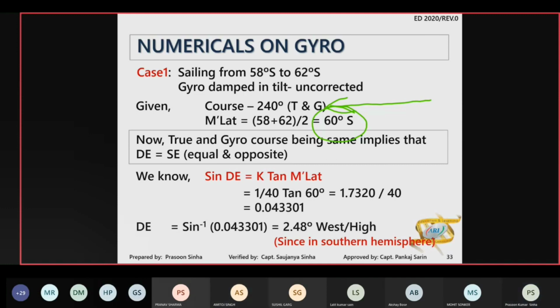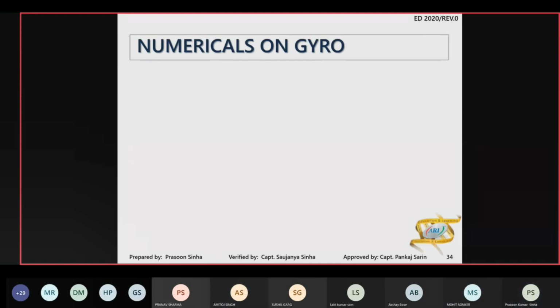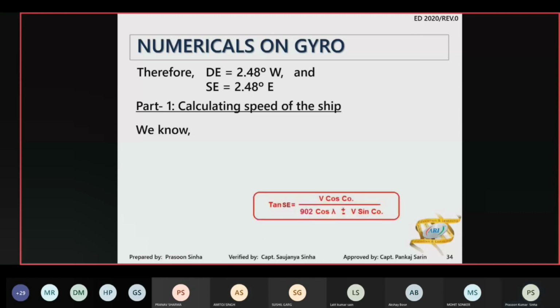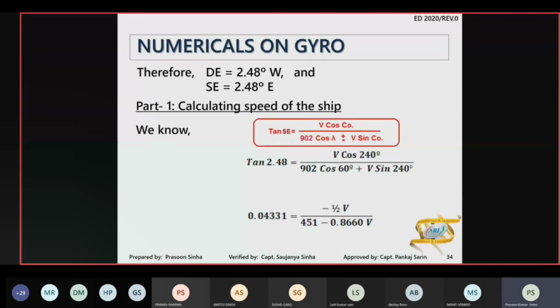Yes, sir. So that implies SE has to be 2.48 but easterly, because we calculated DE and that same value has to be the SE, opposite in sign, equal. So now we calculate the speed of the ship, not given, so we apply the same formula.